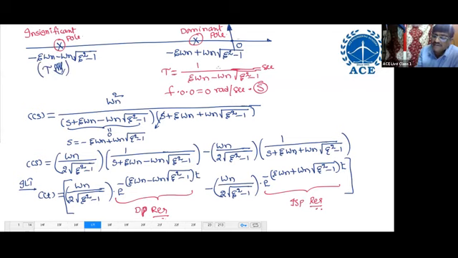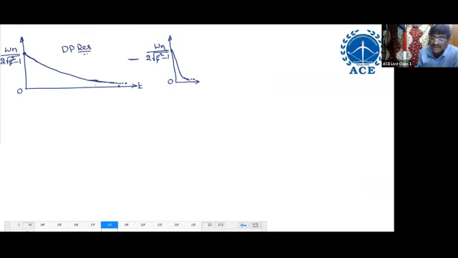The dominant pole's time constant is very, very large. This is the insignificant pole response with a very small time constant; here the time constant is very large. I already discussed the dominant pole, insignificant pole concept.